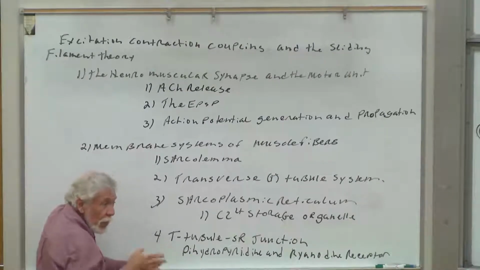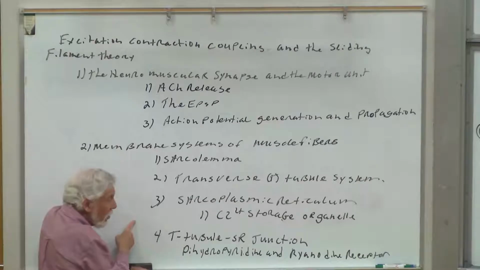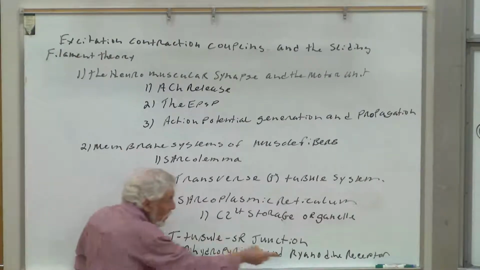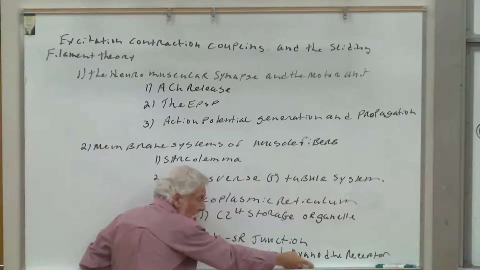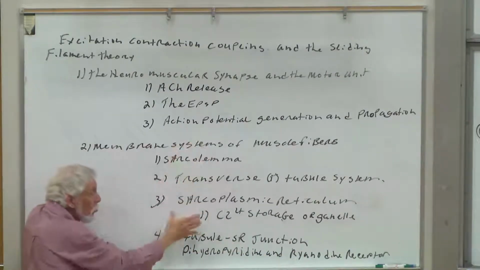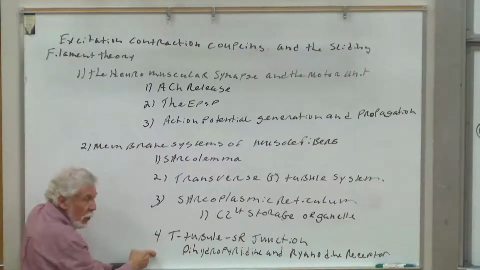These two are intimately related in such a way that when the action potential arrives, the dihydropyridine receptor will pull its plug out of the bottle of the ryanodine receptor, allowing calcium to flow from the sarcoplasmic reticulum, this calcium storage organelle, into the cytoplasm.